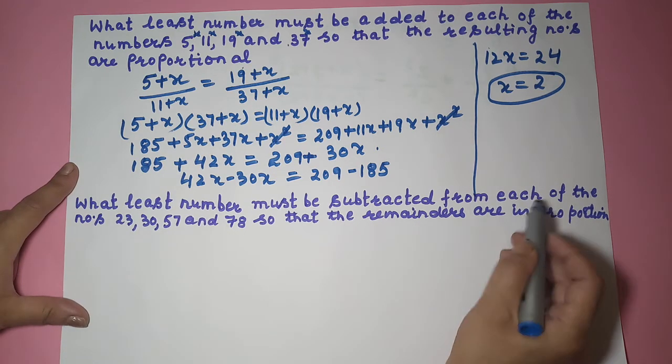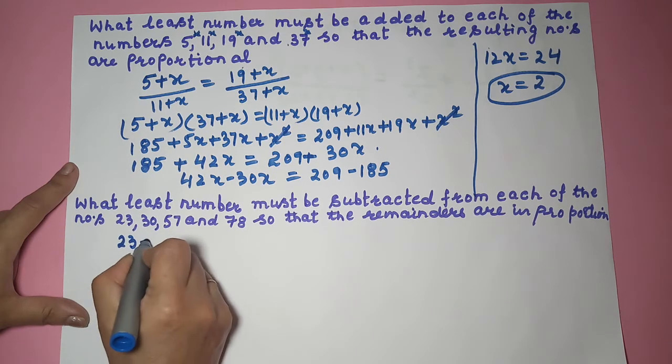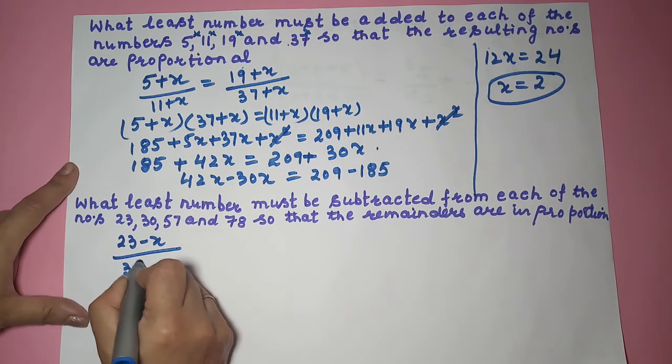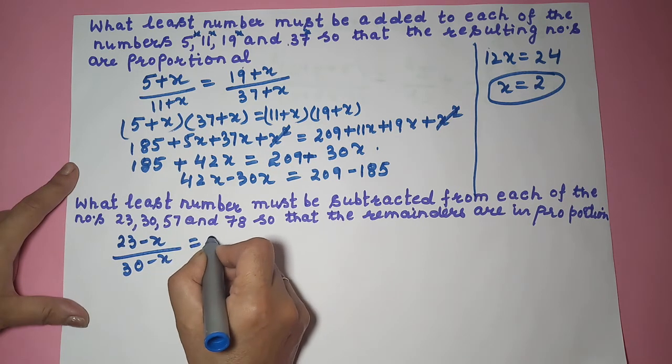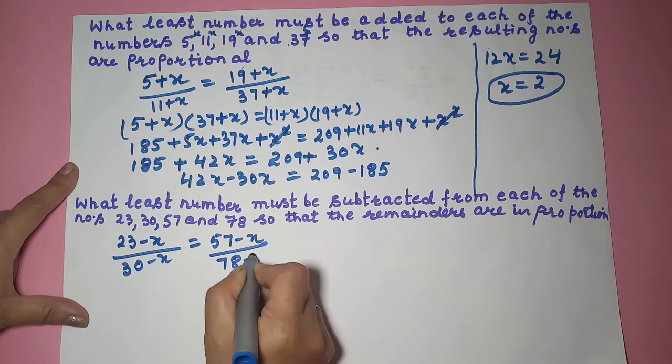Here we have to subtract. Which number should we subtract? Again, let's take x. So 23 minus x upon 30 minus x is equal to 57 minus x upon 78 minus x.